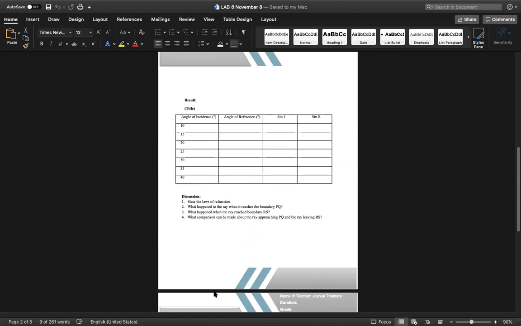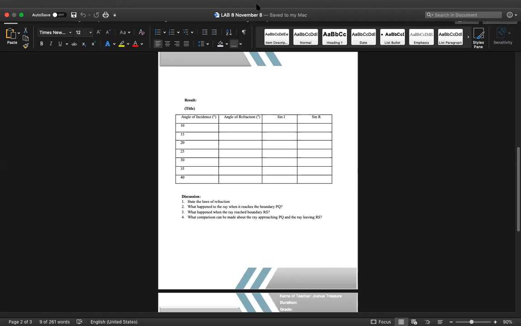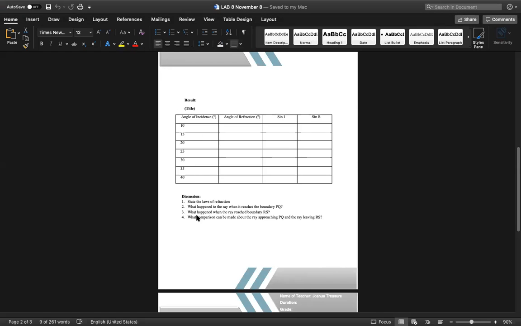All right, do you remember how to calculate the gradient of the graph? Yes, sir. All right. Gradient is equal to y2 minus y1 over x2 minus x1. So this is how you go ahead and calculate the gradient.